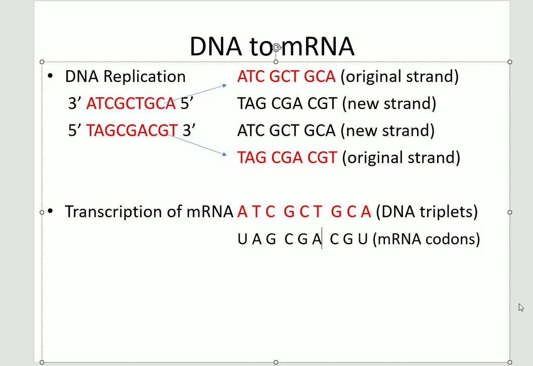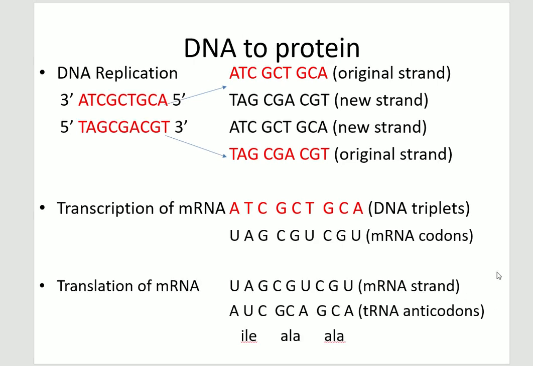DNA replicates, transcribes to RNA. RNA translates into a new language called a protein. Anyway, so now we're translating that mRNA strand. So we have transfer RNA coming into the ribosome. Each one, there it goes.